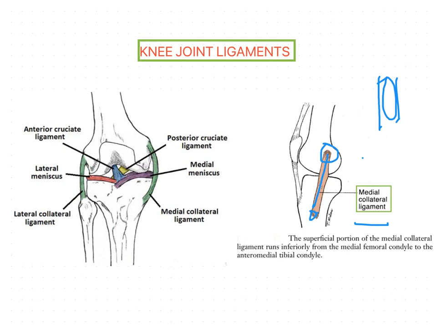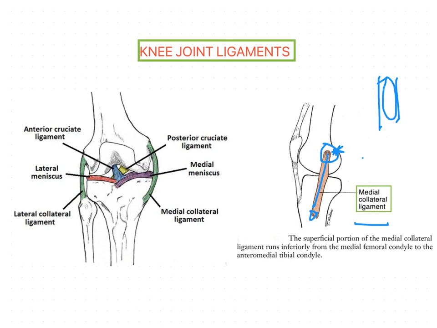This superficial portion of the medial collateral ligament attaches to the anterior origin of the posterior oblique ligament. On the posterior aspect we have the posterior oblique ligament, and its anterior side is attached to the medial collateral ligament.